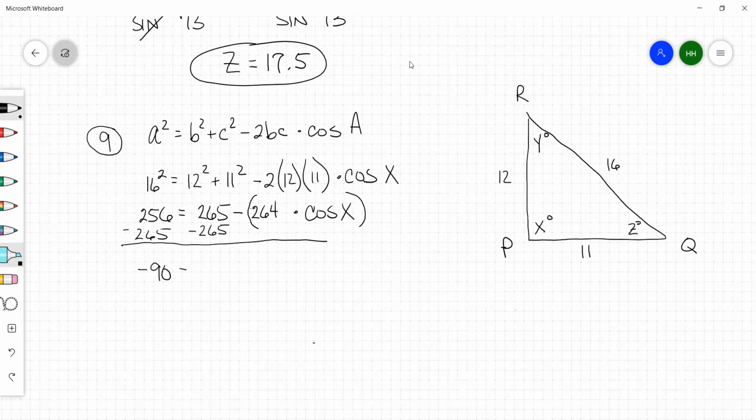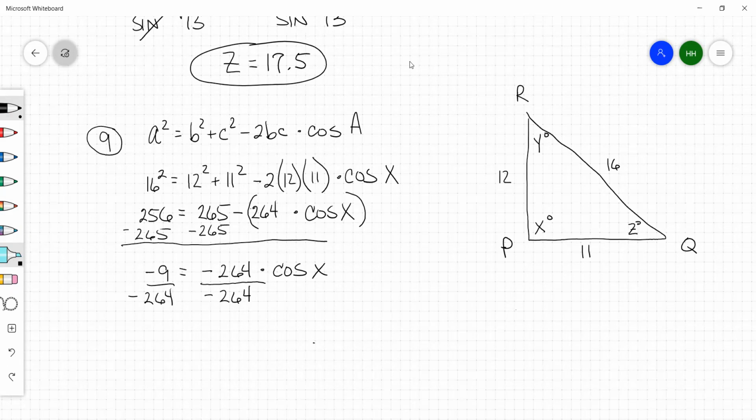Negative 9 equals negative 264 times cosine of x. And now what would you do to get cosine x by itself? Negative 9. What do you do now to get cosine x by itself? Attaboy. Divide by negative 264.